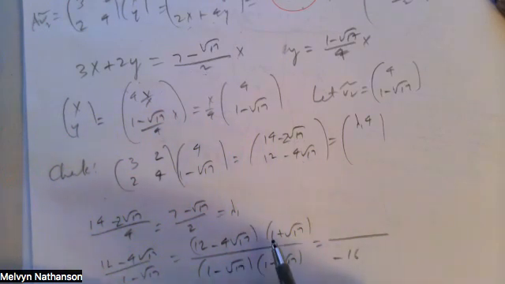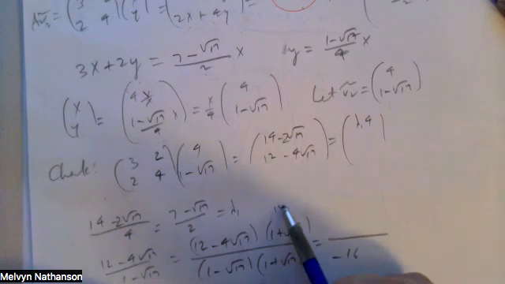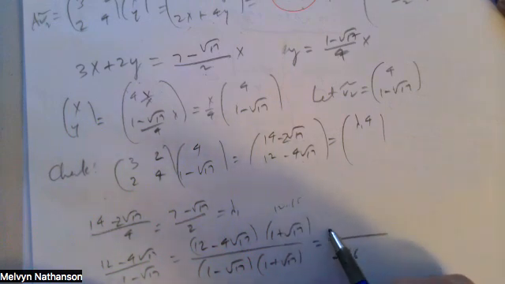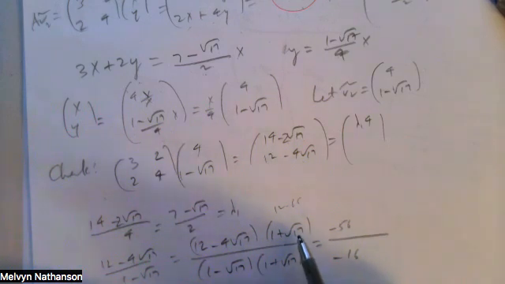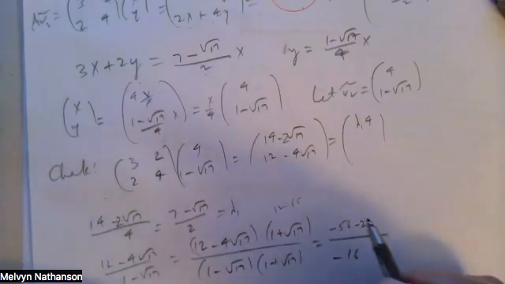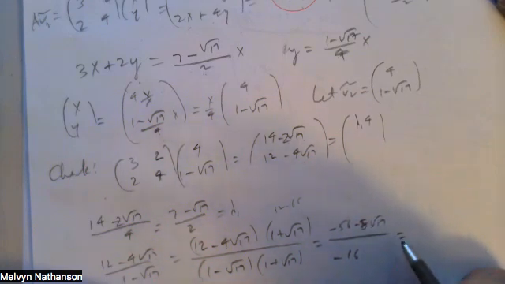In the numerator we get 12 minus 4 times 17, that's 12 minus 68, which is minus 56, and then 12 root 17 minus 4 root 17, which is 8 root 17.